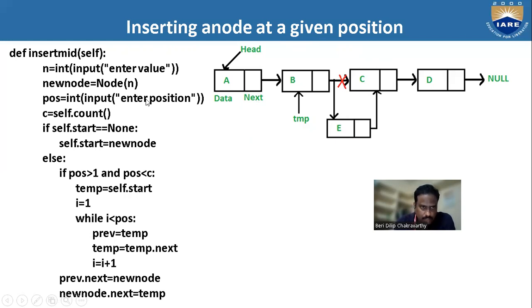So that is what I have shown here. First, I am taking the position. Up to that position, I need to move from the first node. After moving to that position, this is my new node.